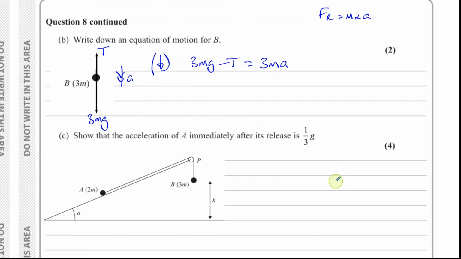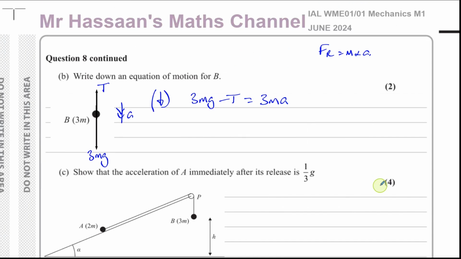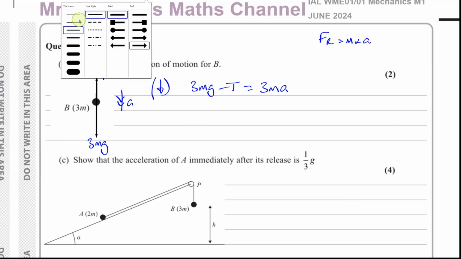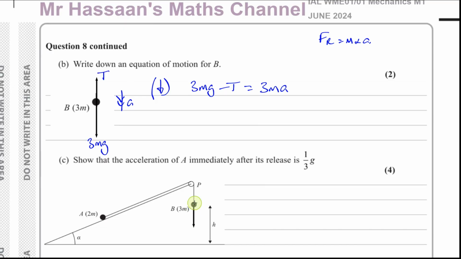Part C says, show that the acceleration of A immediately after release is a third g. So we have to confirm that the acceleration of A immediately after release is a third g. So I'm going to just draw the forces, even though I've done some of them already on this diagram. For B, we have the weight and the tension, going straight up.